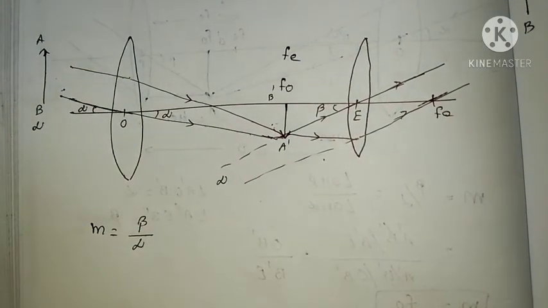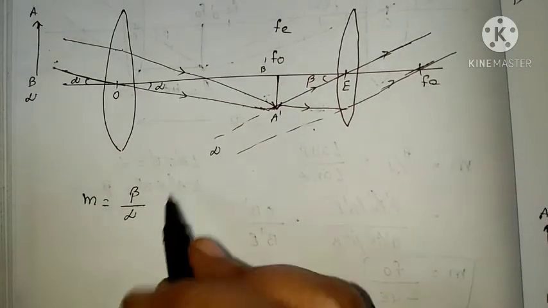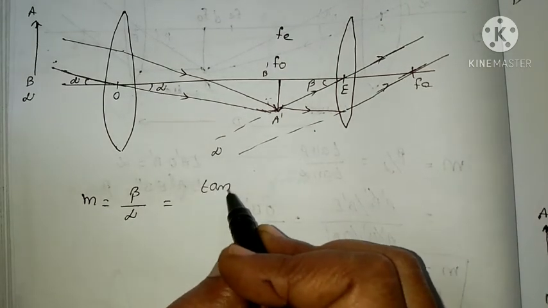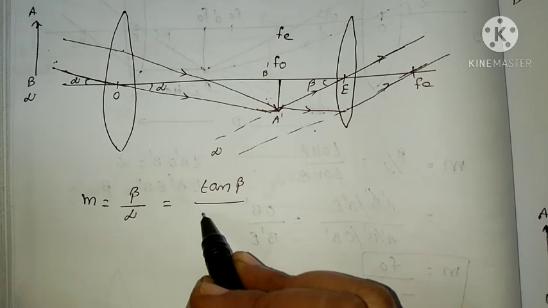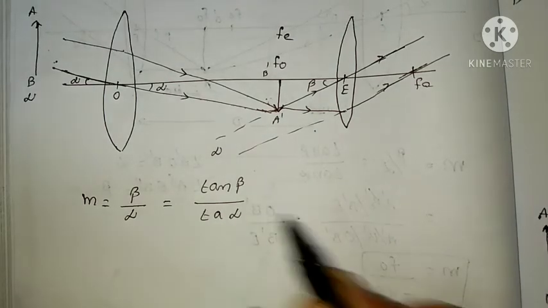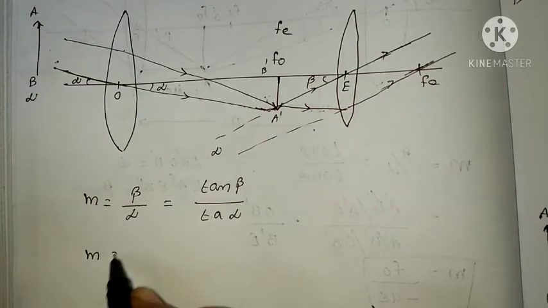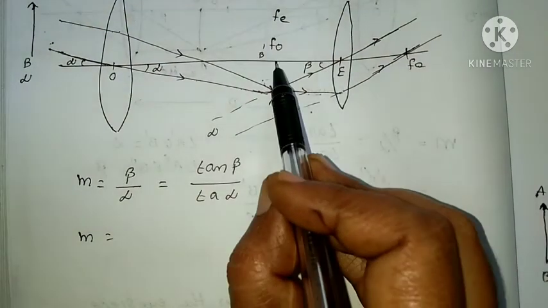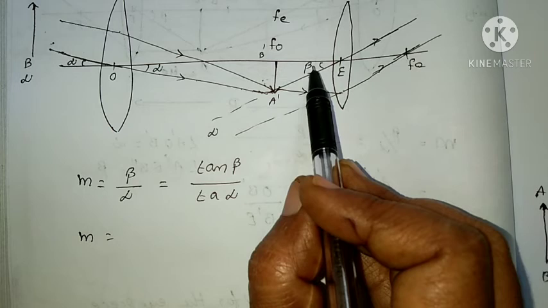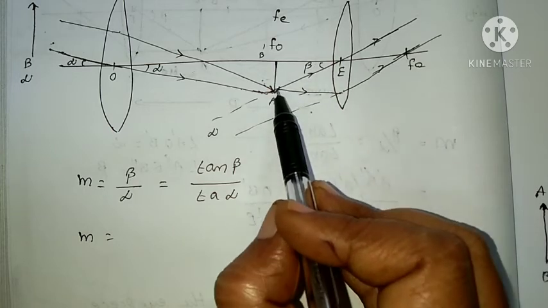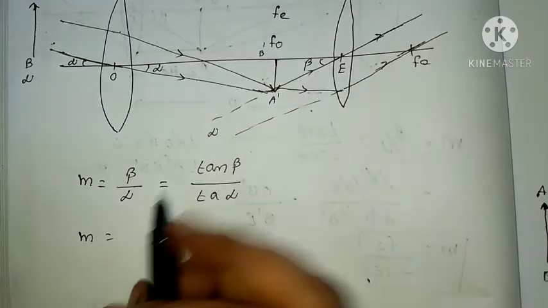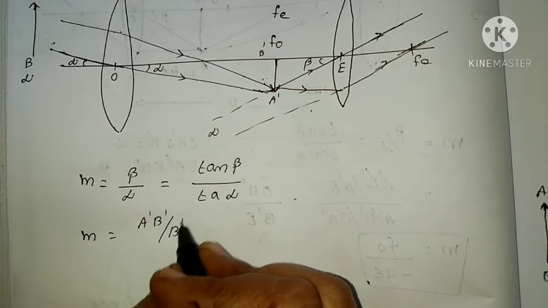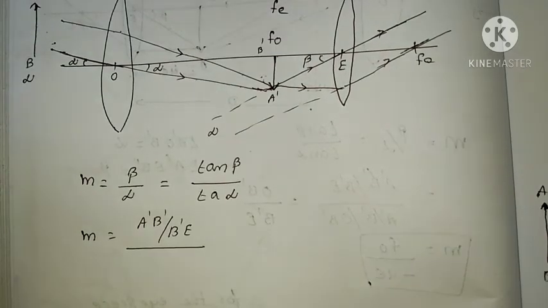Then we find the magnifying power, m equal to beta by alpha. For small angles, beta is approximately tan beta and alpha is approximately tan alpha. So we can write tan beta and tan alpha from the figure. What is tan beta? Take this triangle: A'B' divided by B'E. Then what is tan alpha? Take this triangle: A'B' divided by OB'. Then the A'B' will cancel, so we can write OB' divided by B'E.